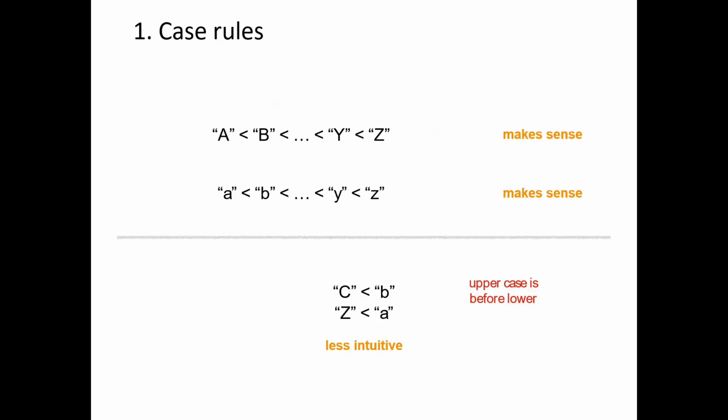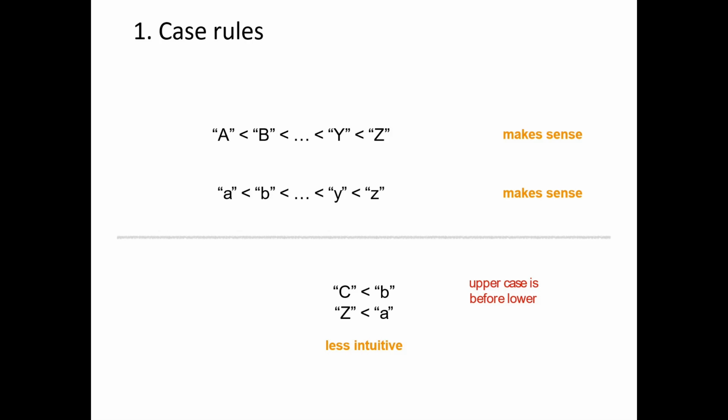So if I've got the capital letter A less than capital letter B, that makes sense. That's going to be true. Capital letter Y less than capital Z. They're in alphabetical order. Those make sense. All the lowercase letters, A less than B, makes sense. Y less than Z, also true.